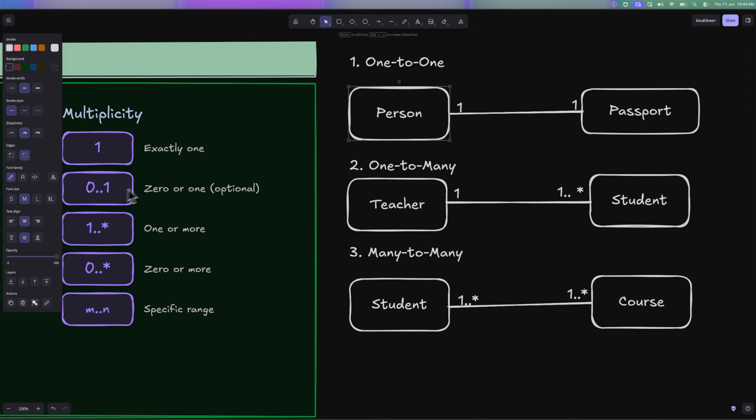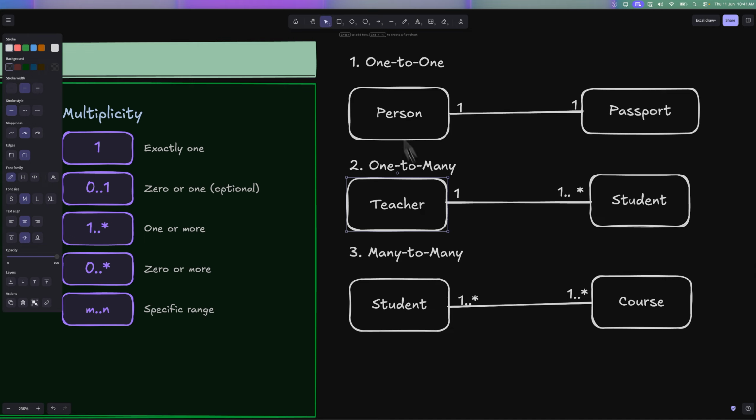Dot dot means or, so 0 dot dot 1 means 0 or 1. 1 dot dot star means 1 or more. 0 dot dot star means 0 or more. Star specifies many, or infinite: 0 or many, 1 or many. And m to n means a specific range.